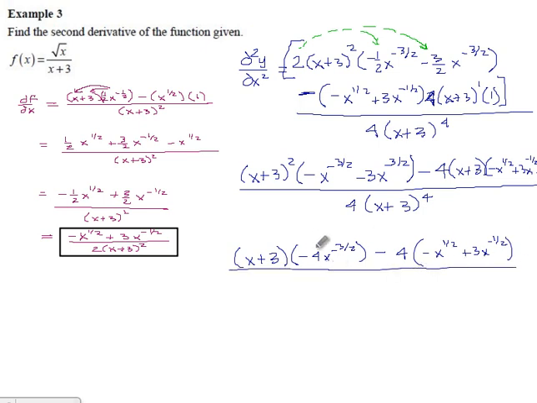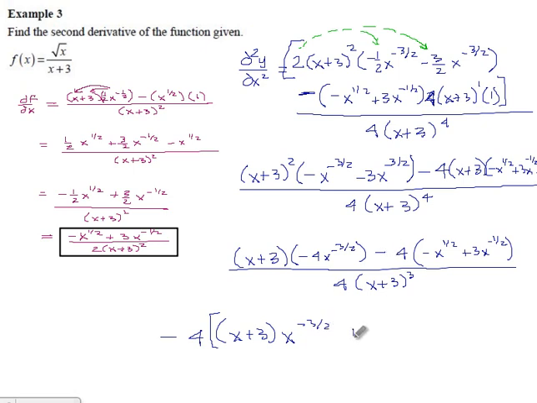All over 4, and we still have x plus 3's down here, but we divided one of them out, so only 3 remain. What else could we get away with here? We could factor out a minus 4. There's minus 4's in both of these, so I'm going to do one more step. Minus 4 comes out and leaves x plus 3 and x to the minus 3 over 2.